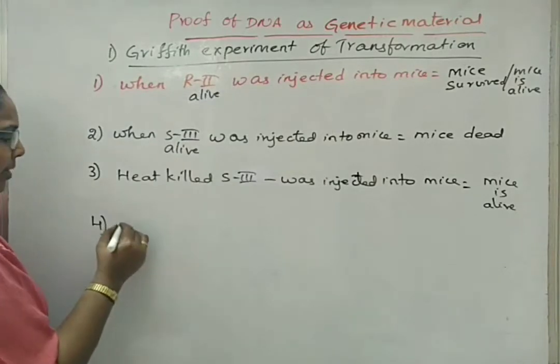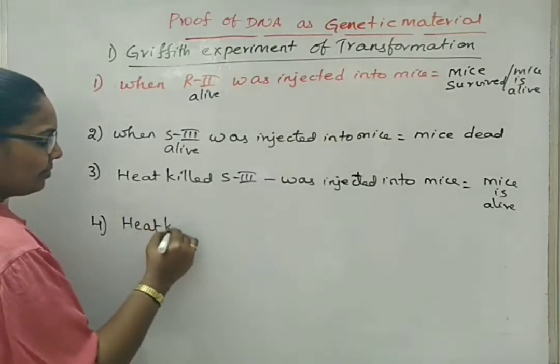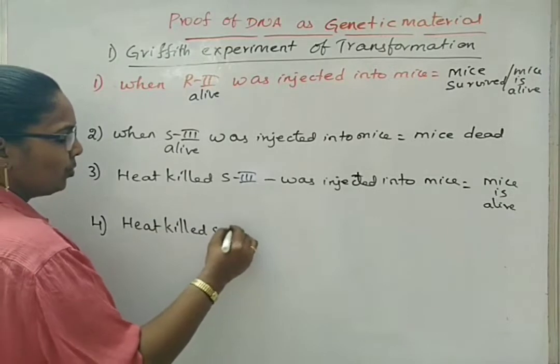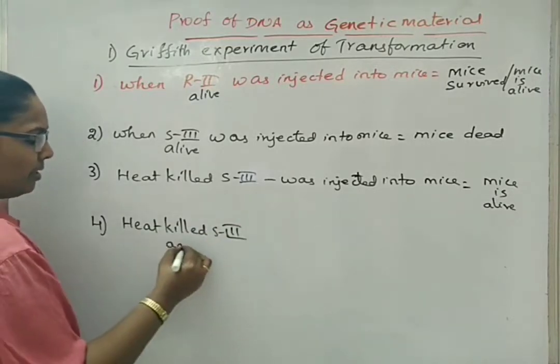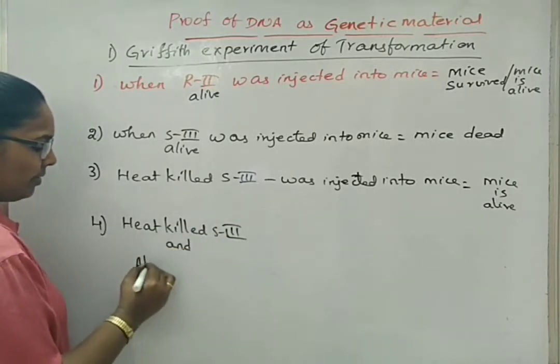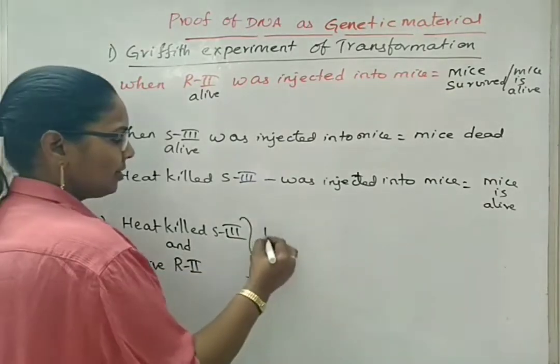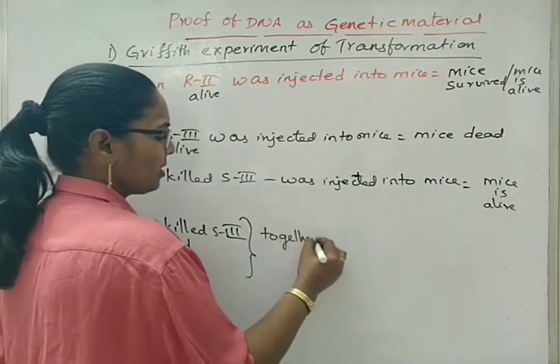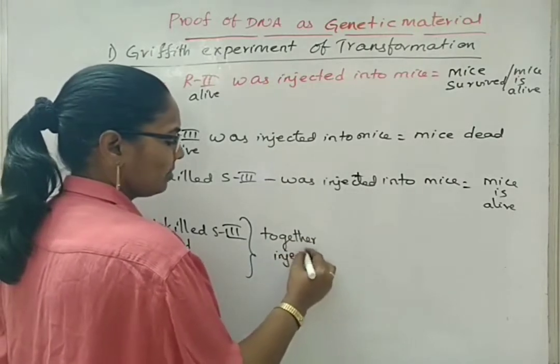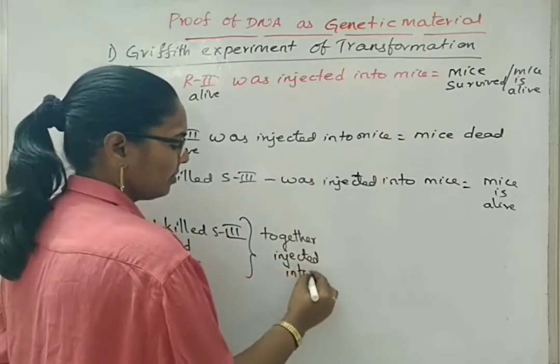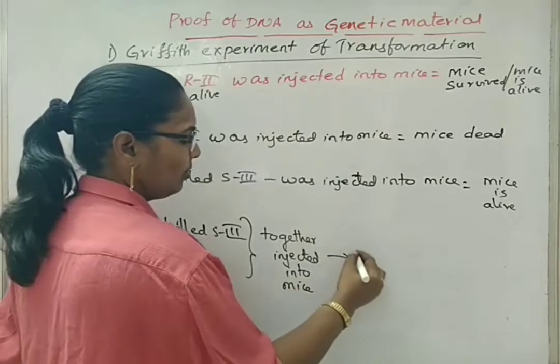In the fourth step, heat killed smooth strain and alive rough strain 2 together were injected into mice. Now the mice died.